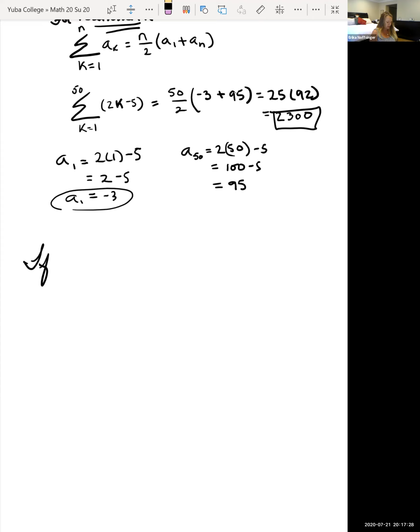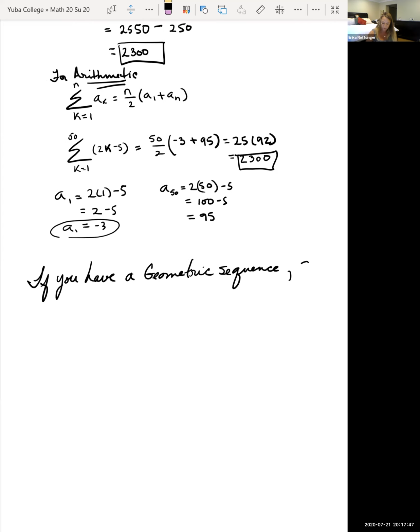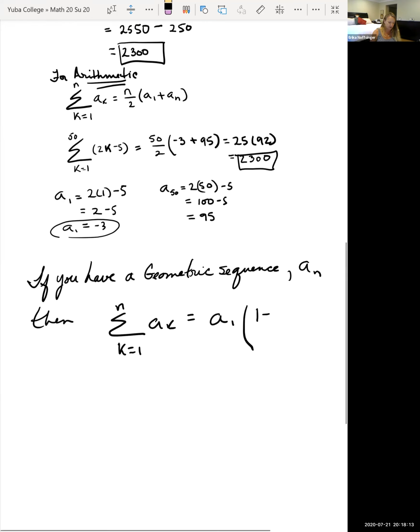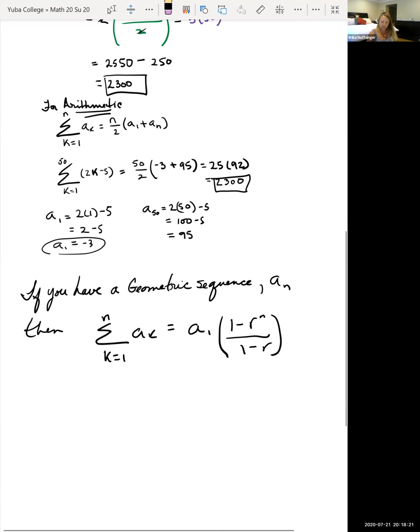So if you have a geometric sequence, let's call it a sub n, then the summation from k equals 1 to n of a sub k is equal to the first term times the quantity, in the numerator 1 minus r raised to the nth, all over 1 minus r. We have to have a couple different stipulations.